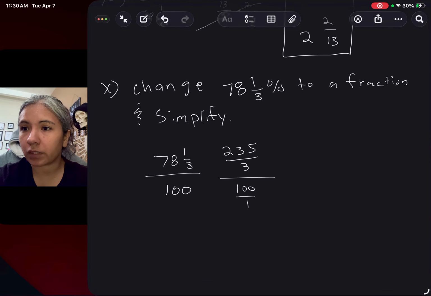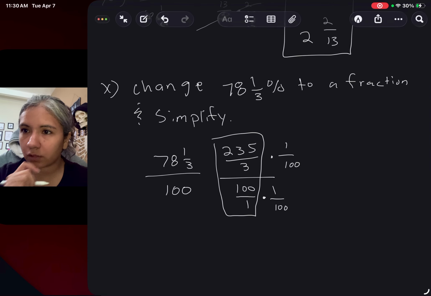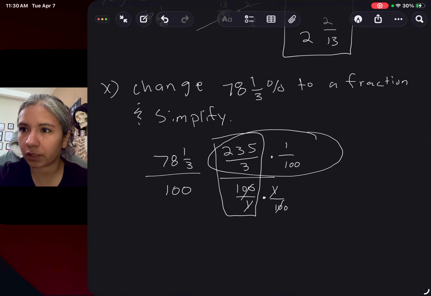So now we want to multiply by the reciprocal, top and bottom. So this is changing it into the fraction. But now we're simplifying, right? So all of this cancels. So everything is just going to be over 1. Which anything divided by 1 is just the top. So now we're just looking at this.